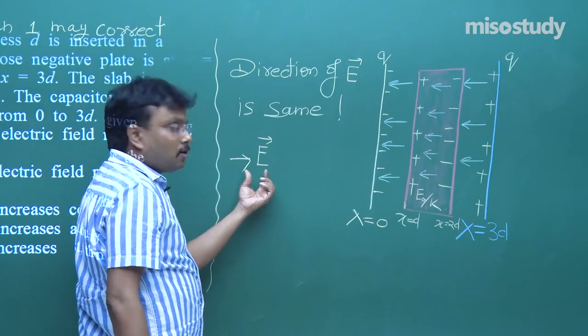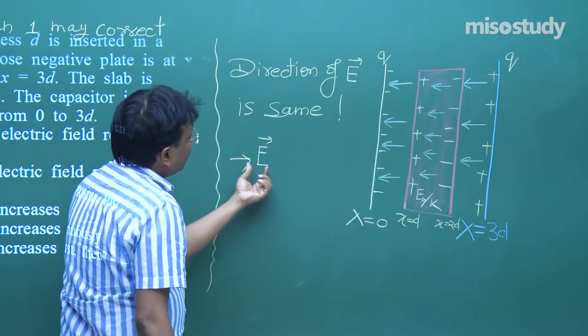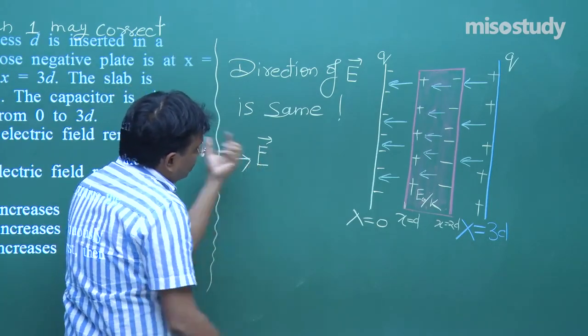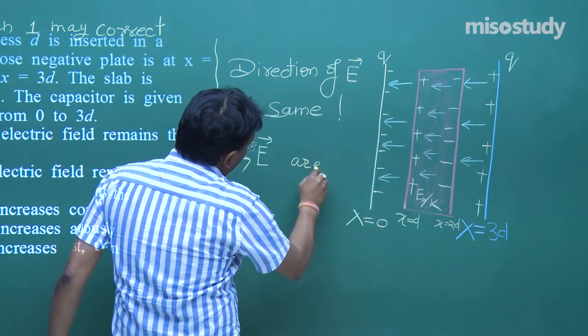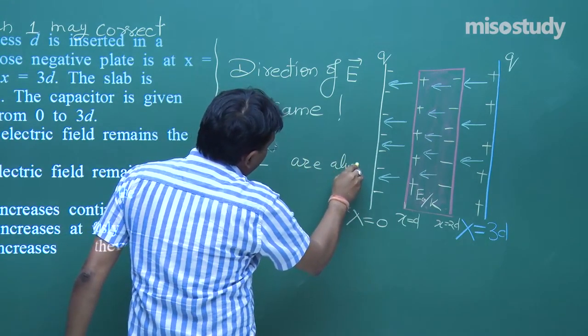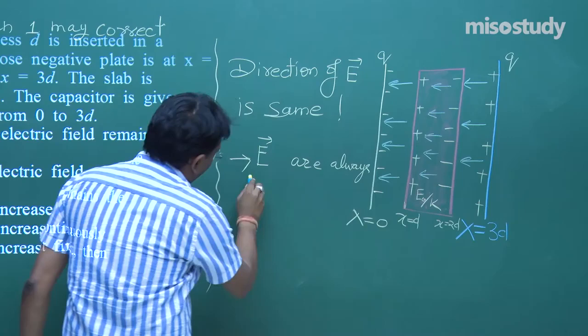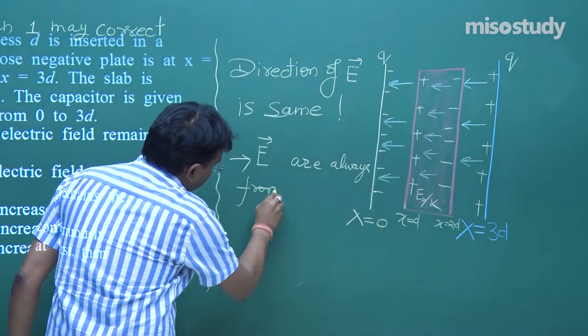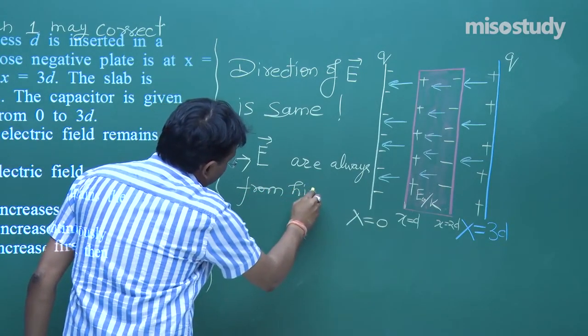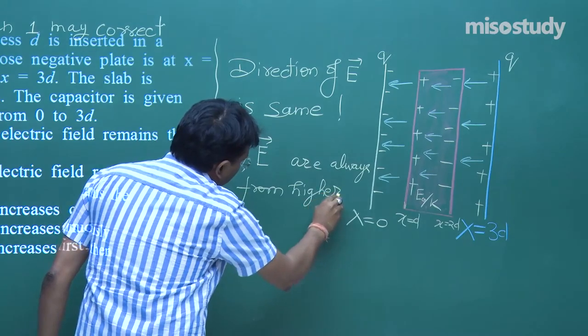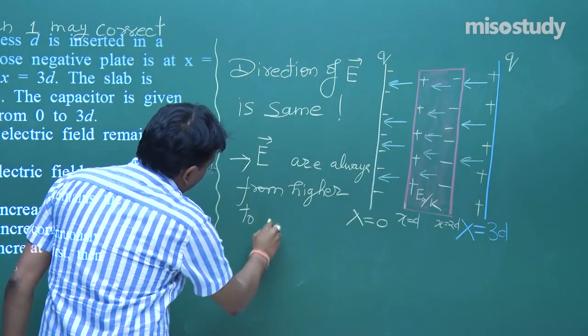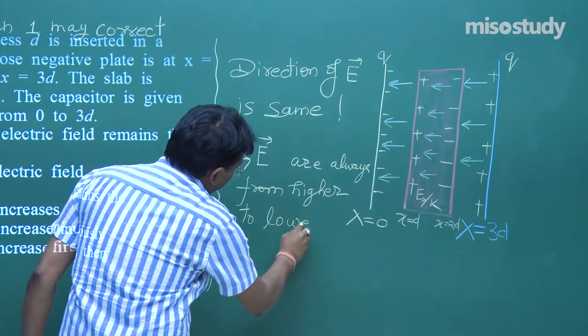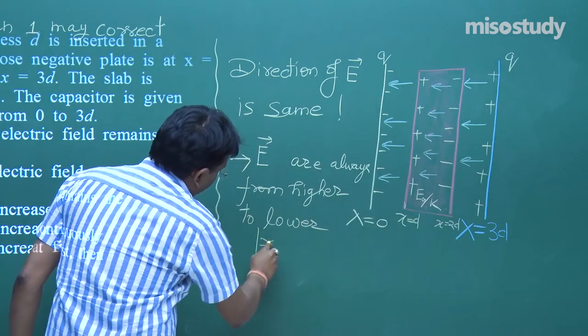Rather than writing that long sentence, I am simply mentioning electric field lines are always from higher to lower potential.